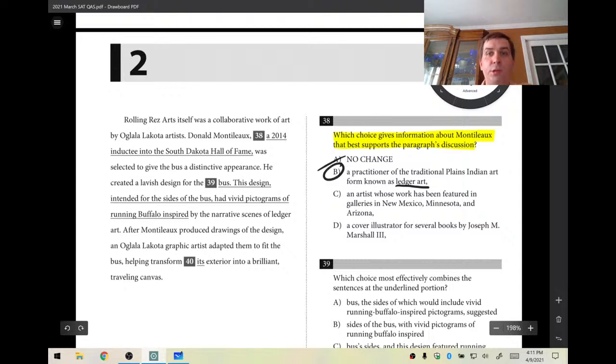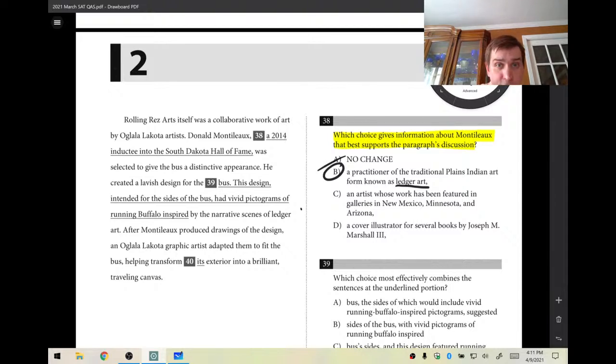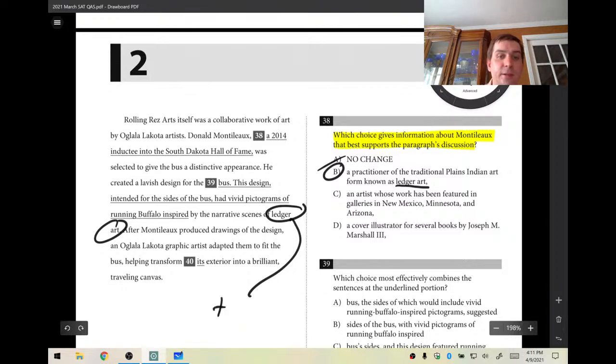We need to introduce the idea that Montello is a practitioner of ledger art. Otherwise, it would be very strange to suddenly talk about, I'm going to try to find it, ledger art. Do you see how we can't talk about this yet? It's too soon if we don't introduce it here, and we just did.